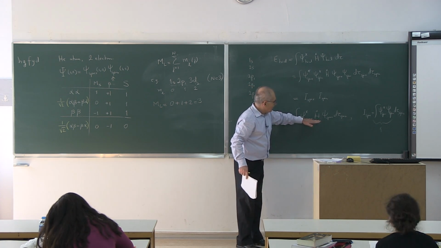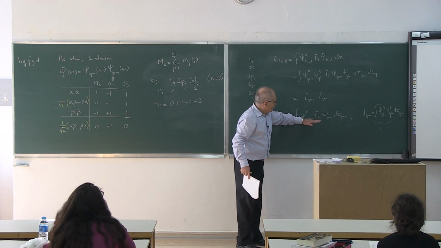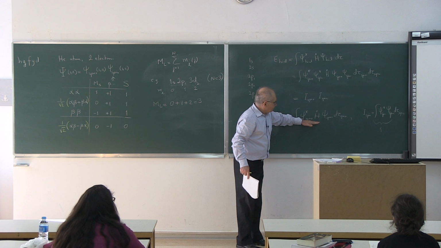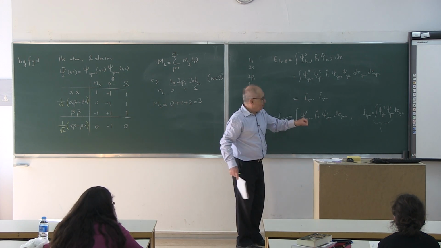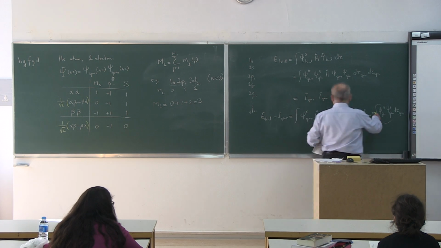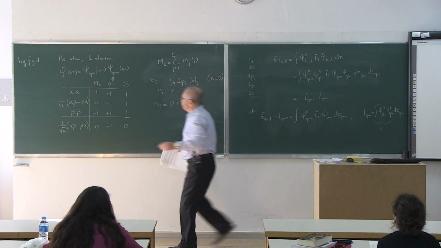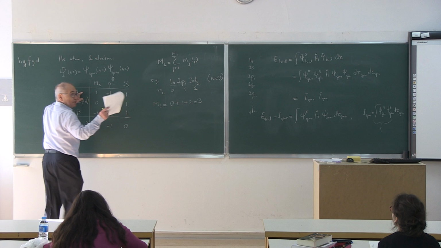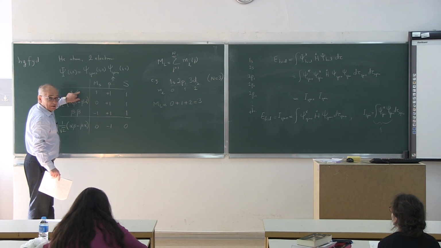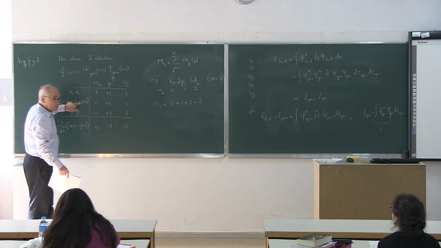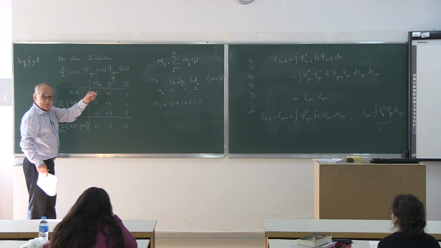And this result shows you that energy is the same, for the triplet state, whether we use this spin function in the product or that one, as long as the space part is the same.